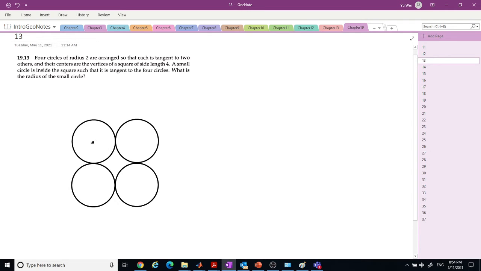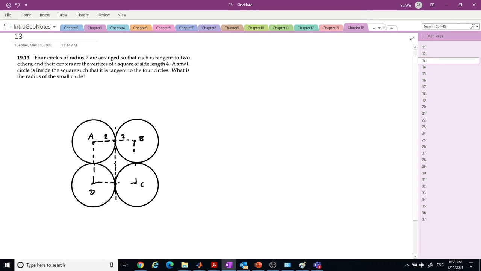Let's call the centers A, B, C, D. Then we can connect A, B, C, D, and AB will pass through the tangent point. Here it's 2 and 2, so this is a square, and the side length is 4.